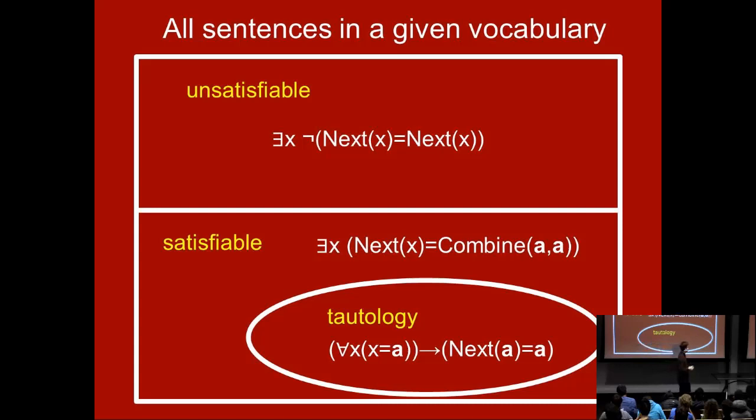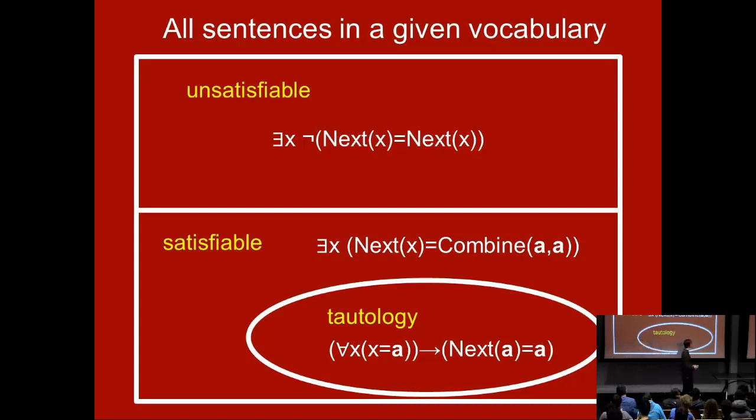Okay. An example of a satisfiable but not tautological sentence is this one we studied before. We saw that there were some interpretations that made it true and some that made it false. So it's satisfiable because there's at least one satisfying interpretation, but not a tautology because there's at least one falsifying interpretation.